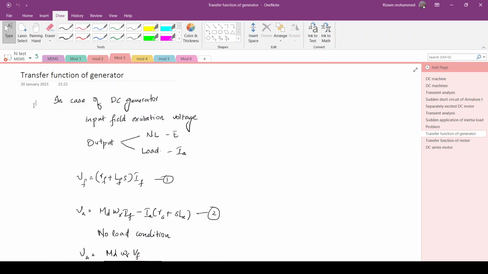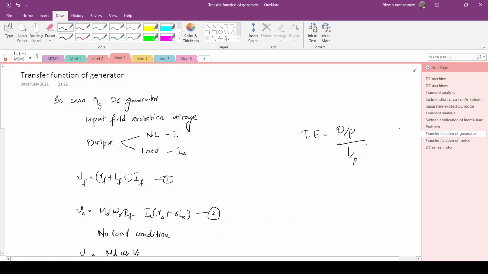Usually, in control systems, when we talk about transfer function, it is nothing else but the ratio of output by input, when all the initial conditions are assumed to be 0.